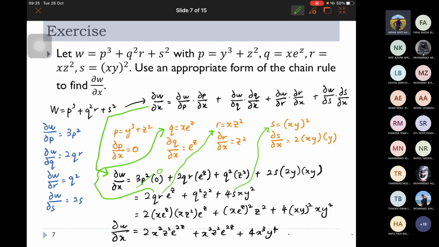Done? So then cuba buat the next example.